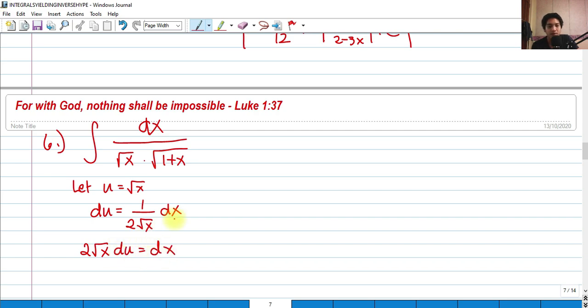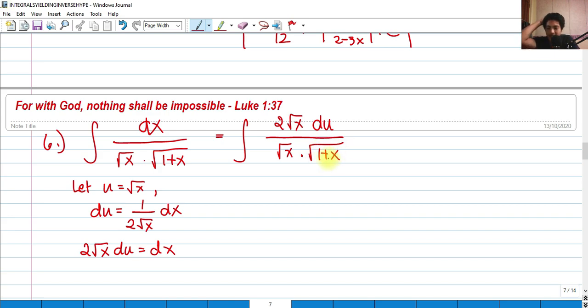Also, don't forget that we have to substitute again. So that is the integral, our dx is 2 square root of x du, all over square root of x multiplied by 1 plus x.